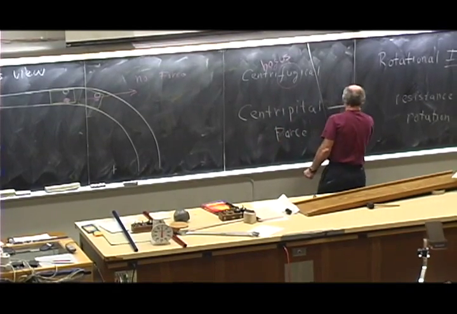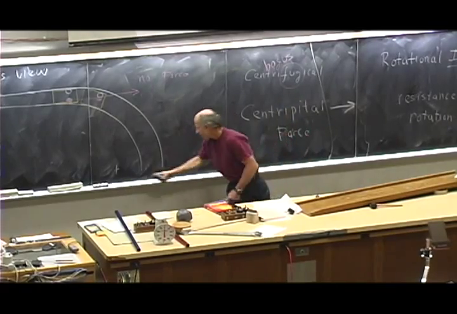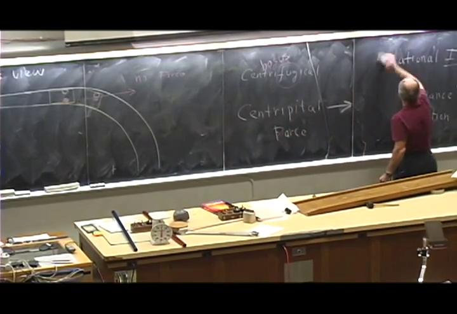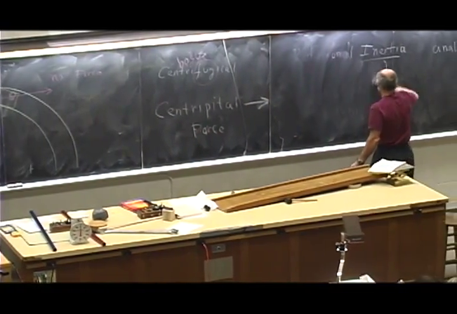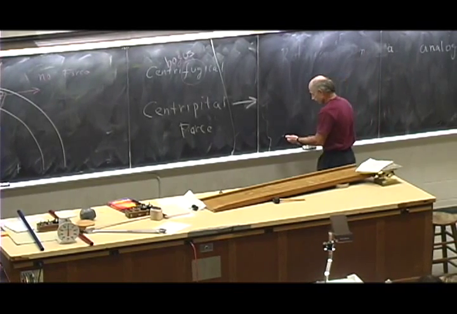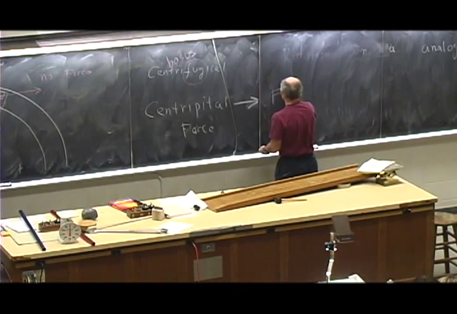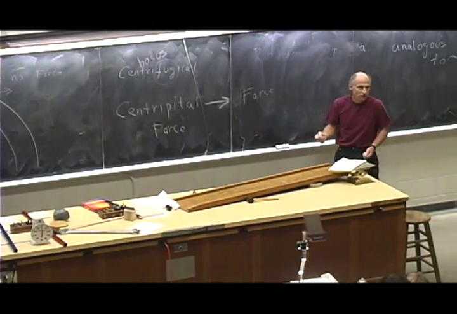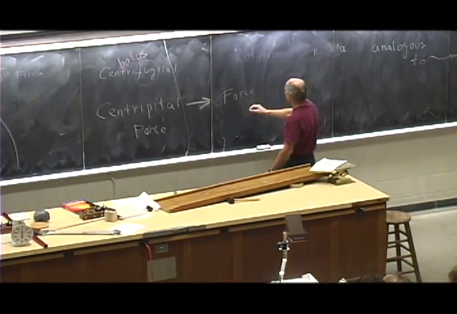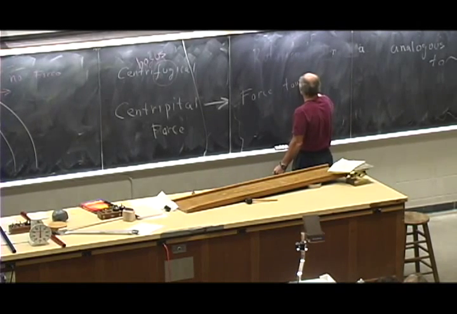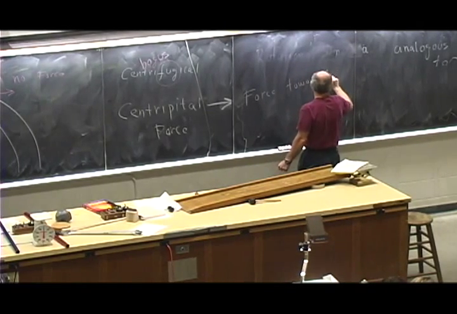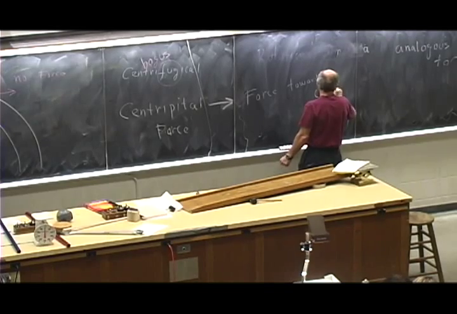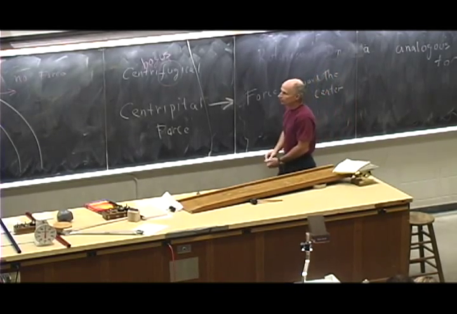Let's make sure I get that down. Matter of fact, I think centripetal is like Greek for center seeking. I kind of forget. Force toward the center. You have to have it to have circular motion.